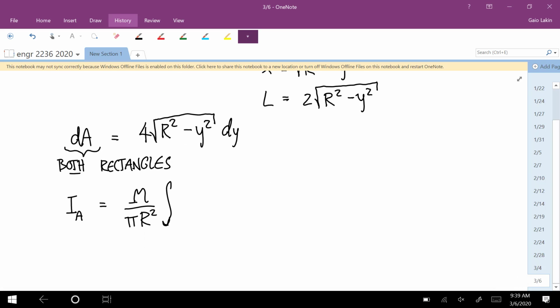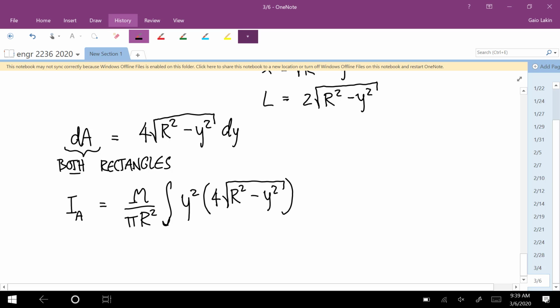And so this integral definition is y squared times 4 times the square root of r squared minus y squared dy.